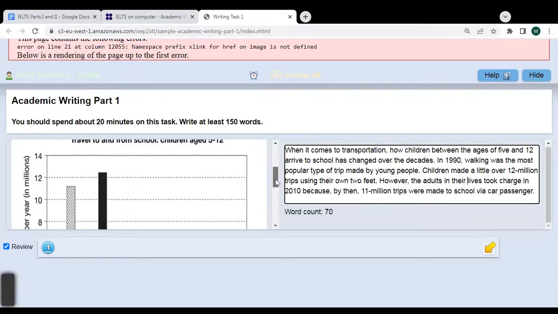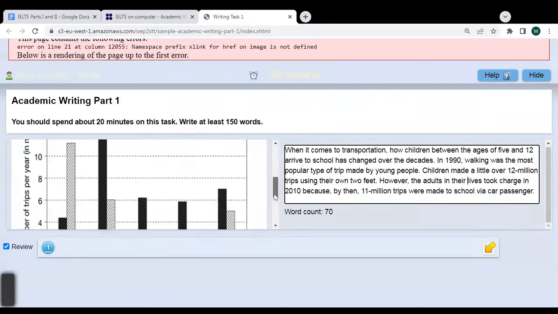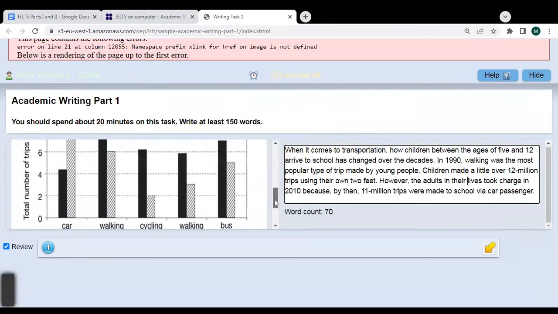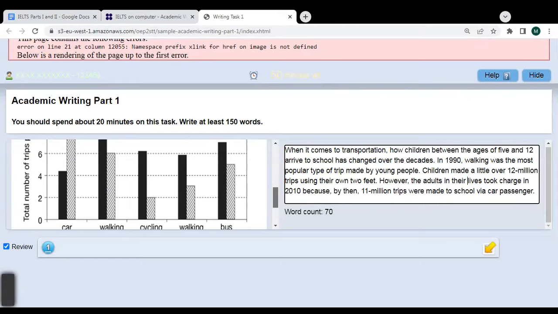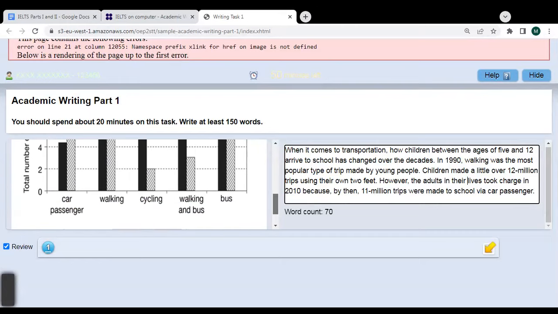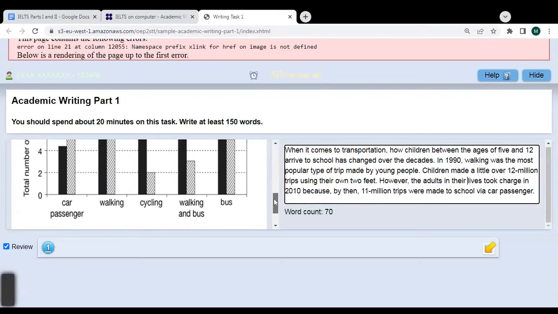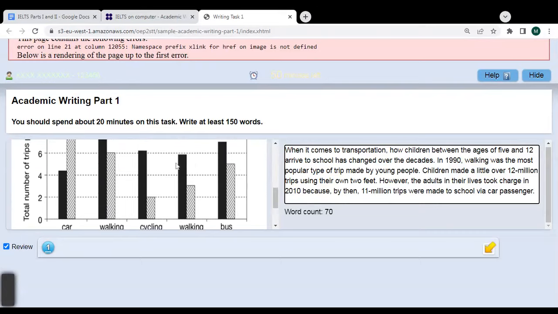Okay, that's definitely something that is of note. So I sort of did a comparison, and now it looks like, again, cycling, walking, and bus, and just bus were almost the same, around 6 million. So I've got really 10 minutes remaining, writers, and I'm at 70 words.